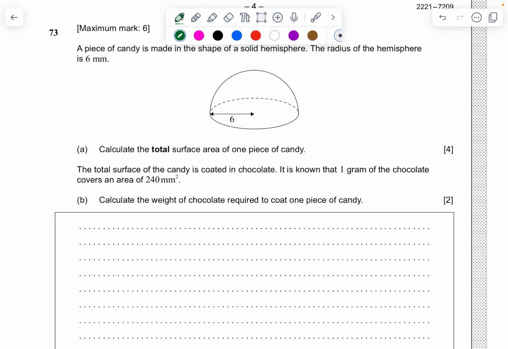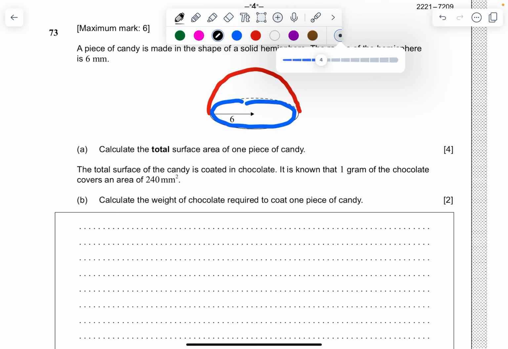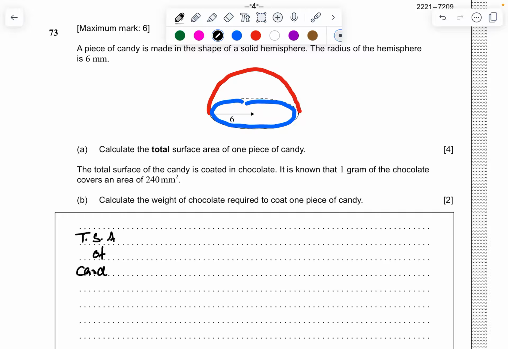Now come to question number 73. Calculate the total surface area of this piece of candy. It's a hemisphere over here. This part is a hemisphere and this is a circle. So the total surface area of the candy is going to be the total surface area of the hemisphere and the area of a circle.